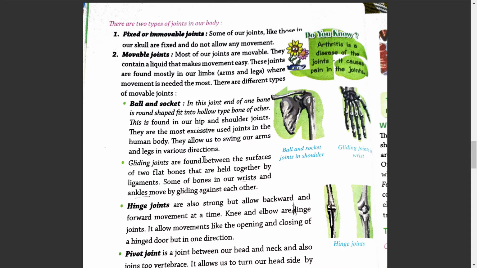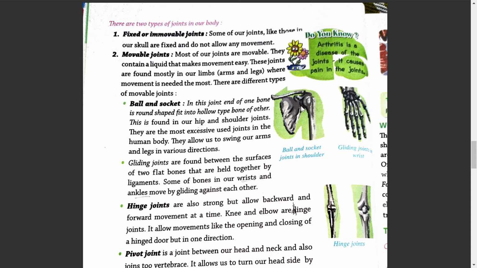When you want to walk, run, write, or eat, whatever you are doing with your arms and legs, this portion is the most important area, used by us too much.